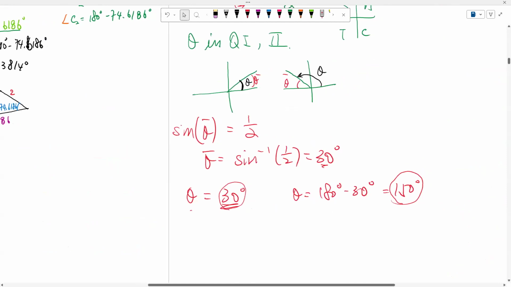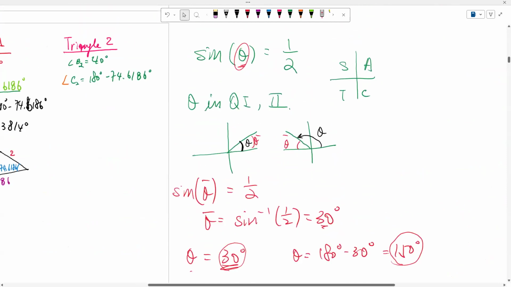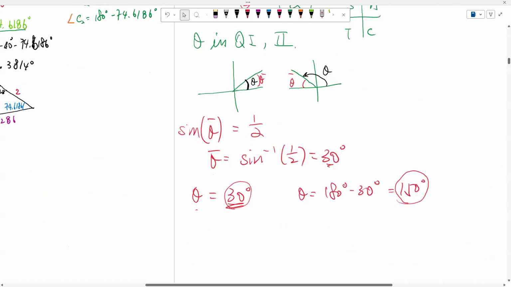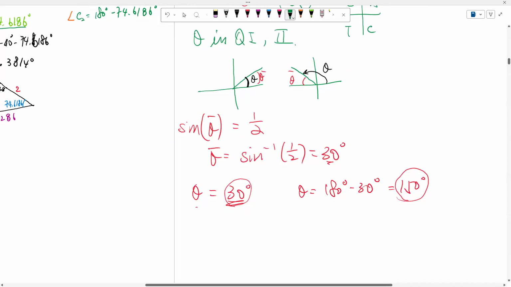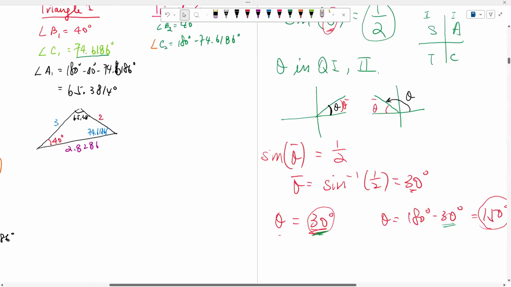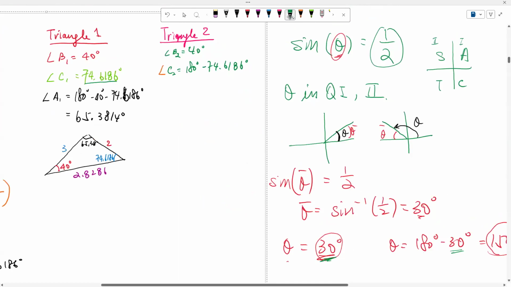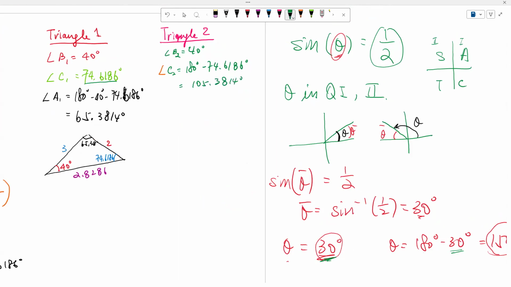Because when we solve the sine of an angle equal to a number, if this number is positive, the angle is in quadrant 1 and quadrant 2. How do we get the second angle? In quadrant 2, we use 180 minus the number that you find from the calculator. So in this case, we will find that the angle C sub 2 is 105.3814.